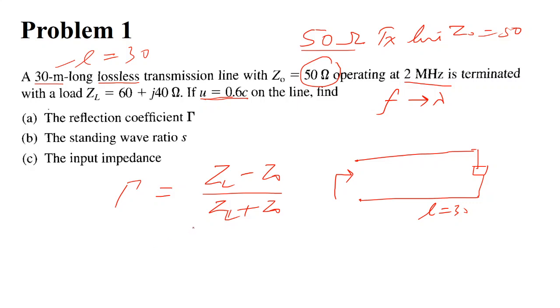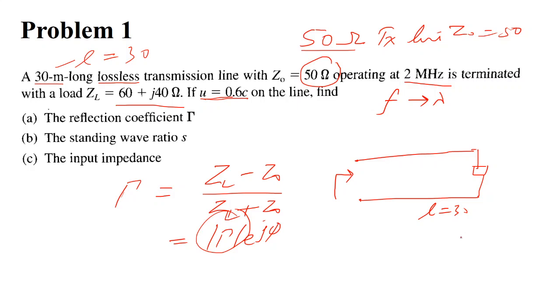Because the load is complex and Z naught is real, this comes out to be complex, so you find its magnitude and phase. Then the standing wave ratio you can find from this, and you can find the input impedance using the previous formulas.